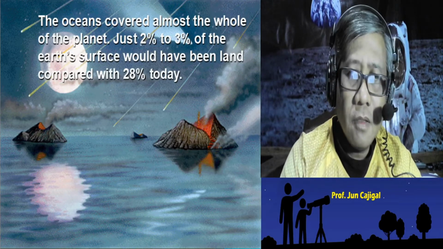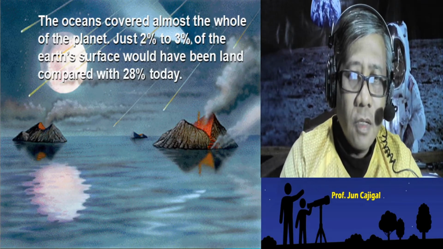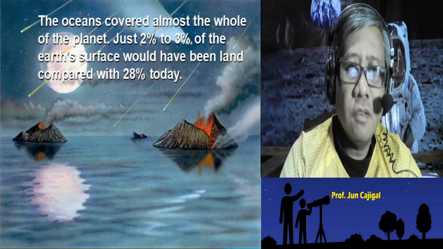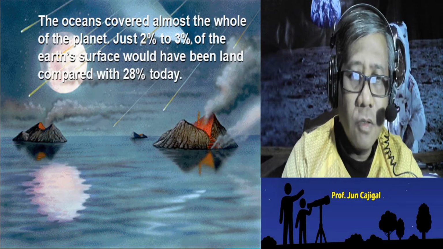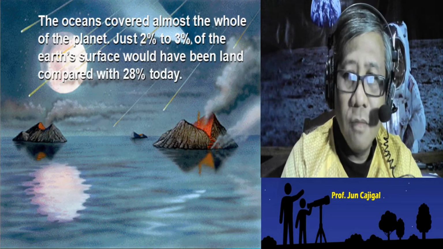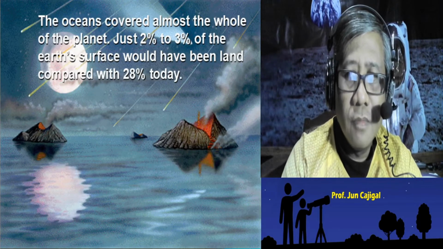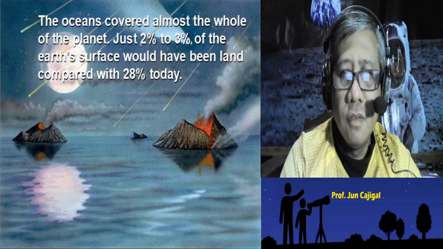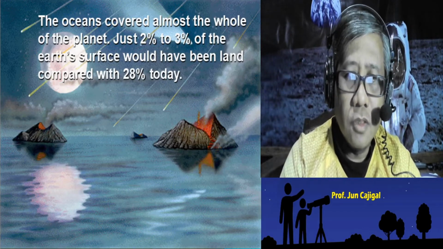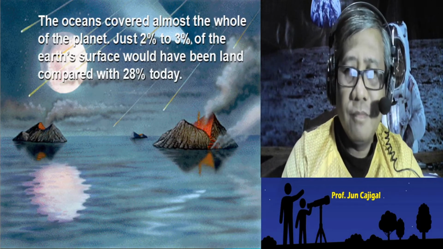And just 2% to 3% of the Earth's surface would have been land compared to 28% today. So, kung alien ka, bumisita ka sa planet Earth noon, you would say that the planet Earth is an aquatic world. It's basically covered with oceans, and only 2% to 3% of the Earth would have been land.